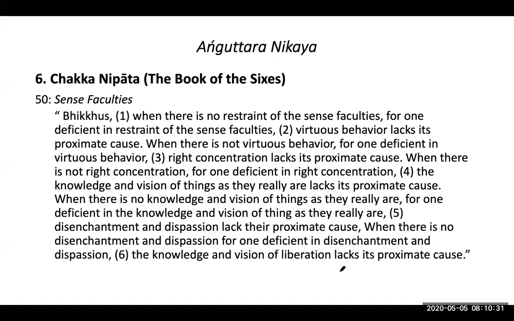In the book of the six sense faculties, when there is no restraint of the sense faculties, because of a lack of restraint of the sense faculties, the person loses virtuous behavior. Okay. From the beginning, there are 6 steps to gain liberation.